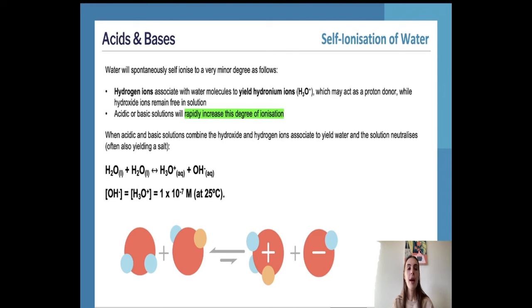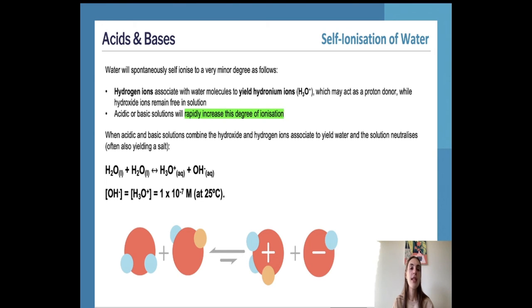So now we want to talk about the self-ionization of water, because water spontaneously self-ionizes to a very minor degree. This is because hydrogen ions associate with water molecules to yield what we call hydronium ions. And so hydronium ions can act as a proton donor, whilst hydroxide ions remain free in solution.